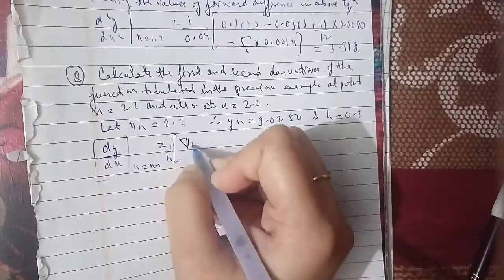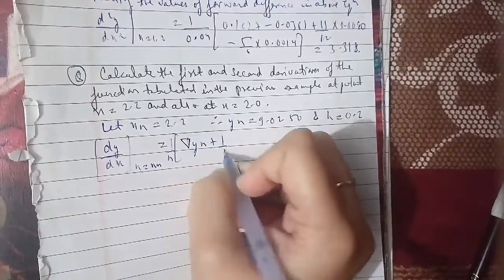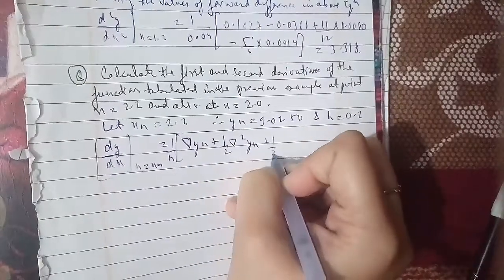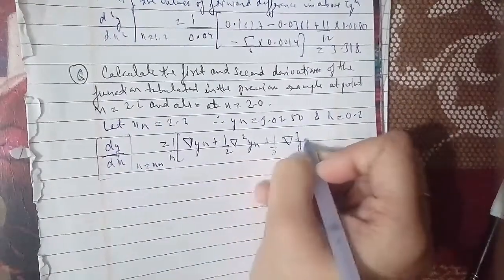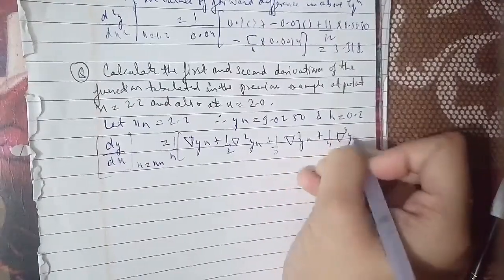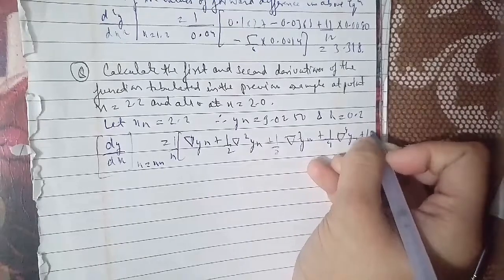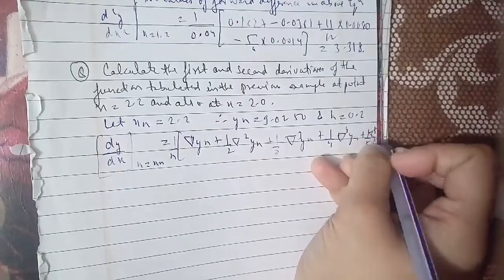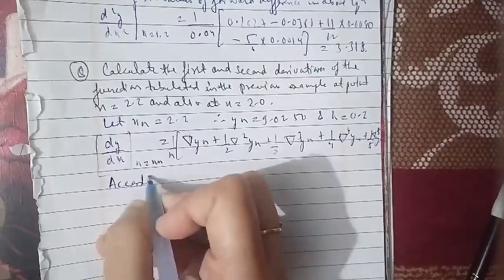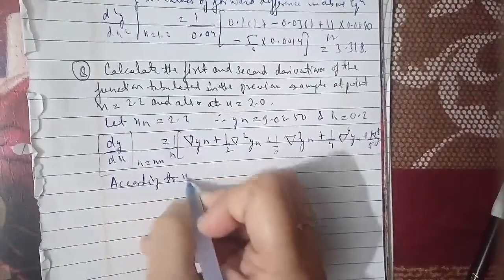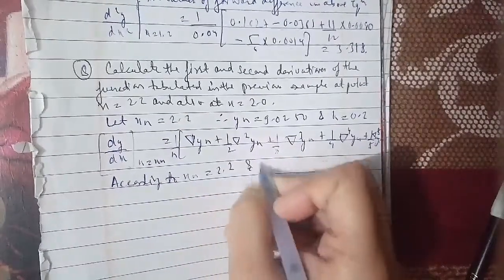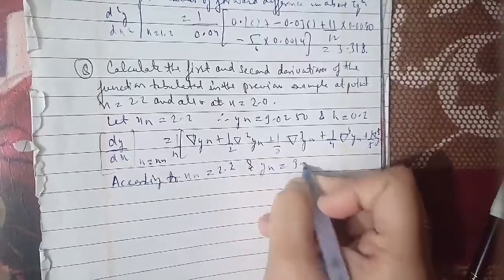So according to xn equals 2.2 and yn equals 9.0250, the backward differences that we have are: backward yn equals 1.6359 and backward square yn equals 0.2964, whereas backward cube yn equals 0.0535.